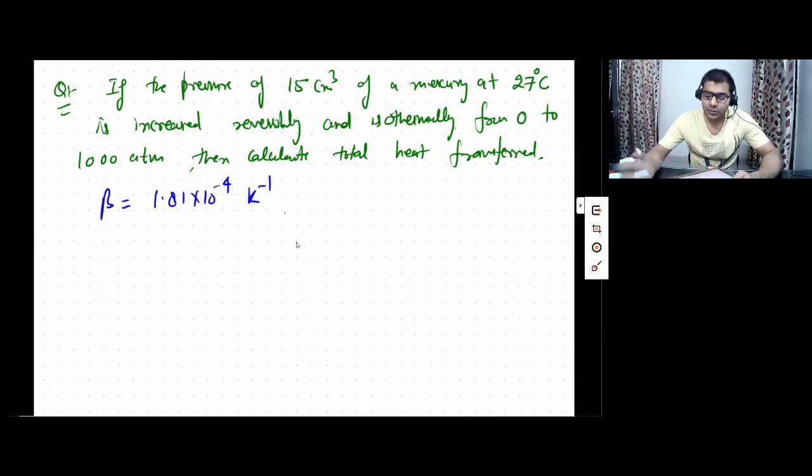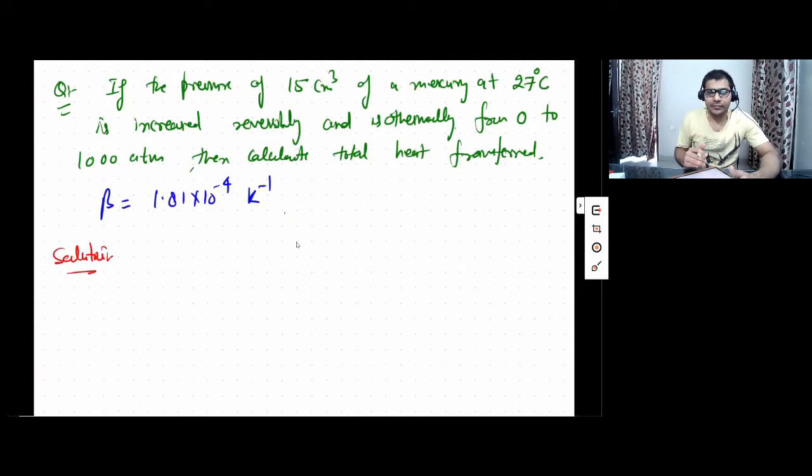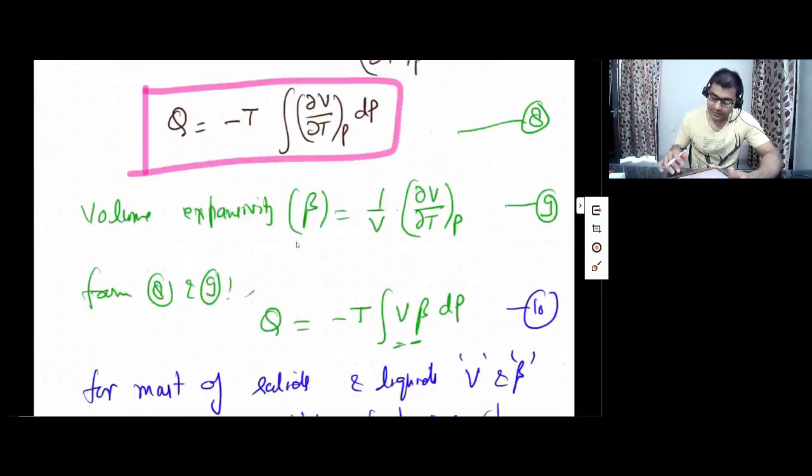That's it. Now let's solve this problem. To solve it, we can directly use the result that we have just obtained. In this case, we can see that since beta is positive here, we are going to get the value of Q to be negative, as I discussed.